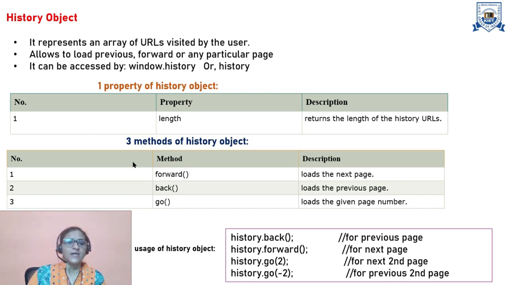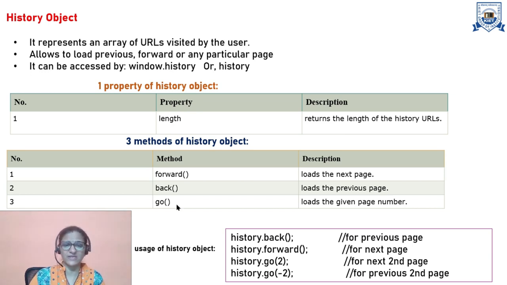Only one property of the history object is there, and it is length. The length property returns the length of the history of URLs, that is, how many pages we have visited. So one property is associated with the history object, and three methods.